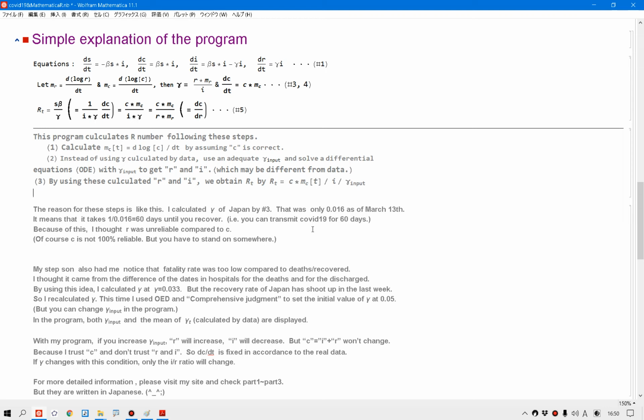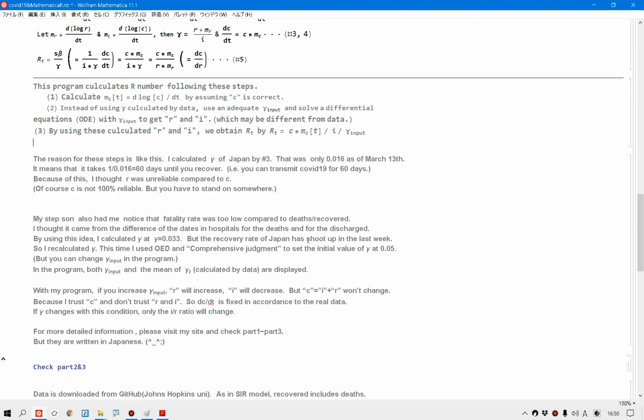But I'm not a professional, so I can't do this. So my program is based on the assumption that C is correct, while R is not reliable compared to C.